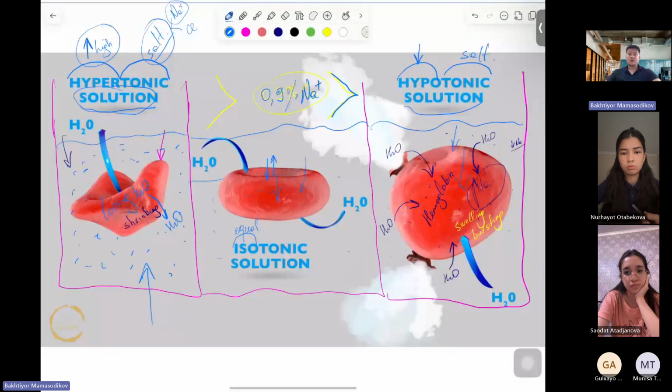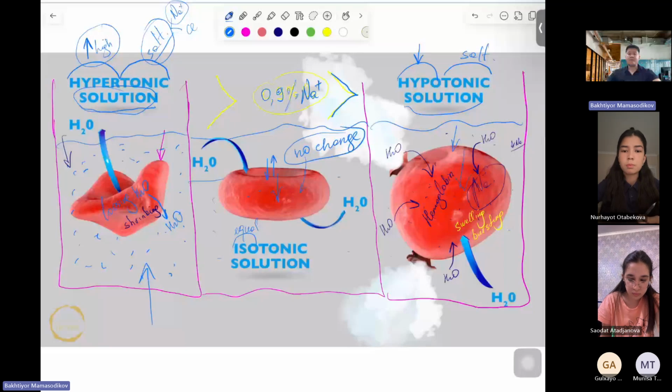In hypertonic solution, the cell is swelling and bursting. In isotonic solution, nothing is happening, no change. And in the hypotonic solution, the cell is going to shrink, or we can call it shrivel.